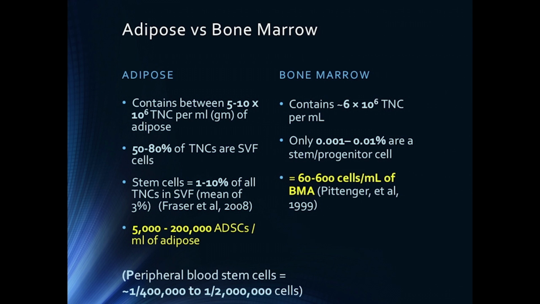That's an incredibly small number of mesenchymal cells per unit compared to what you get in the adipose. So if you take an ml of processed adipose, you're going to get between 5,000 and 200,000 stem cells. If you take the same volume of bone marrow, you're going to get between 60 and 600 cells. Tremendous difference between the two.